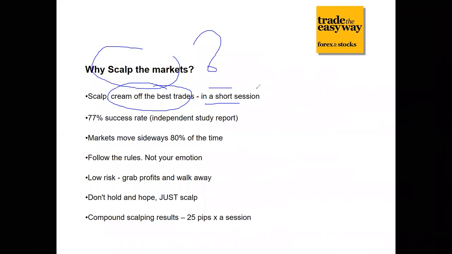So you get a lot of my time and a lot of my support in Scalper School. It's a 77% success rate. Now that is not me plucking a figure out of the air. That is one of our graduates, a retired engineer who trades full time now, and he took nine months' worth of data and came up with this statistic.